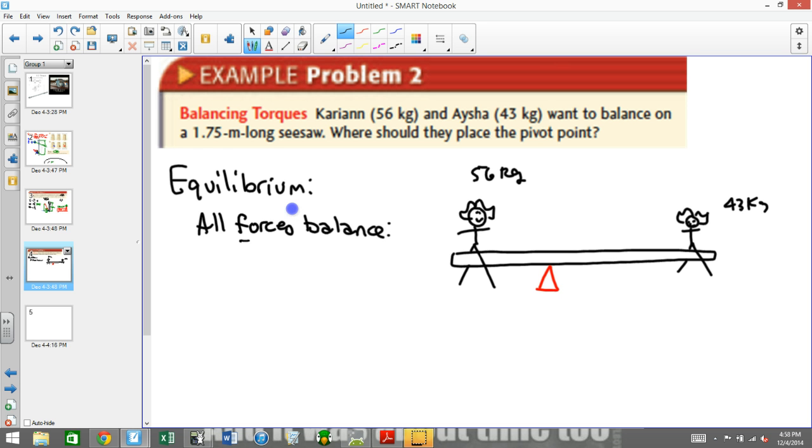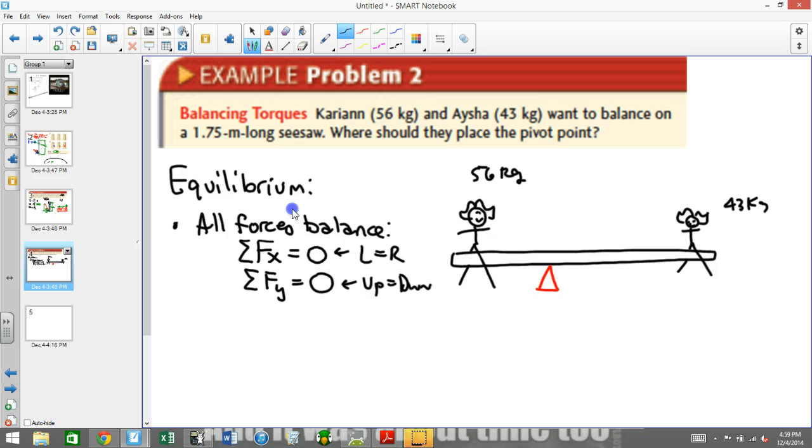Meaning that if I add up all the forces in the x direction, they have to equal 0. And if I add up all the forces in the y direction, they also have to equal 0. This means everything that pulls left equals right. And this means everything up equals down.